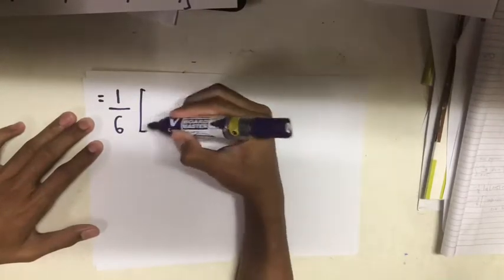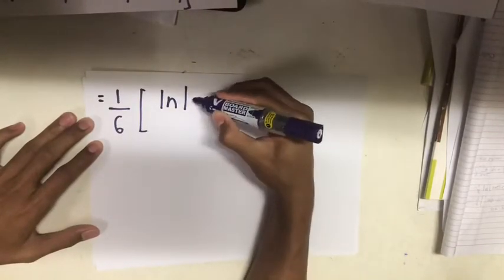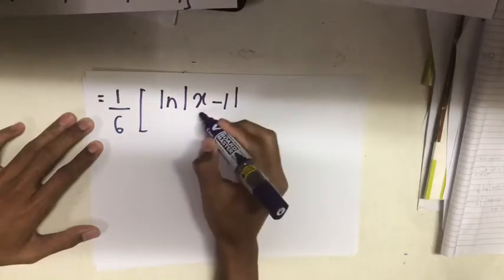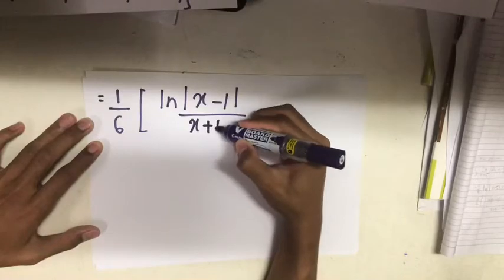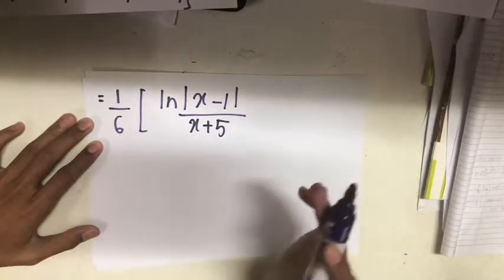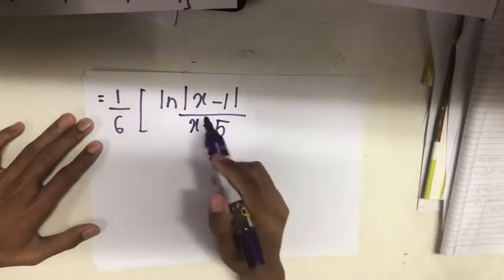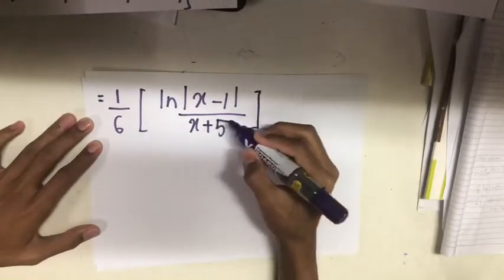So we also can simplify it: 1 over 6 ln of (x minus 1) over (x plus 5), because ln of x minus 1 minus ln of x plus 5 gives us x minus 1 over x plus 5.